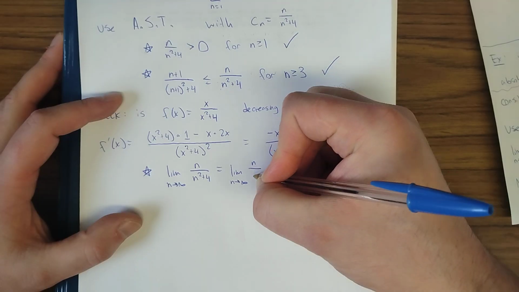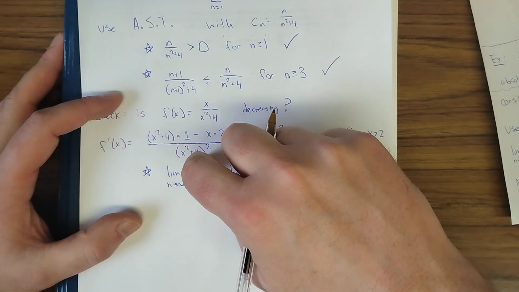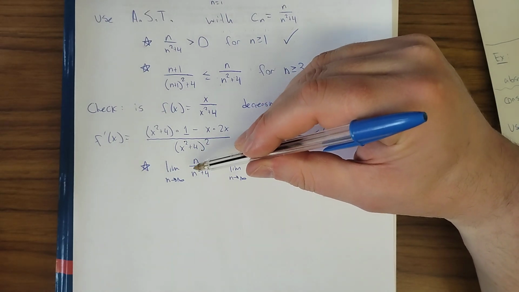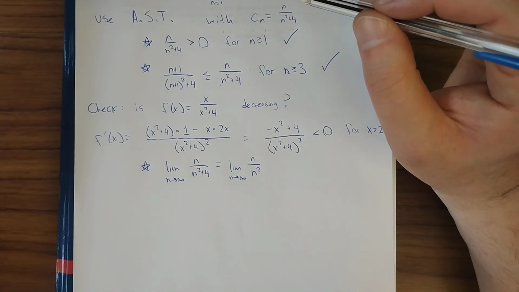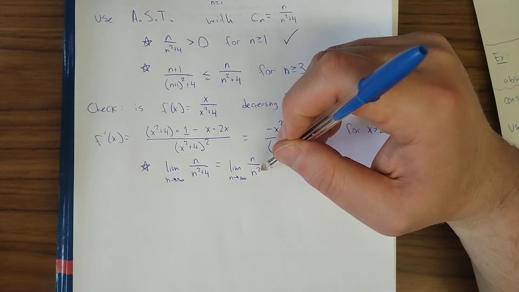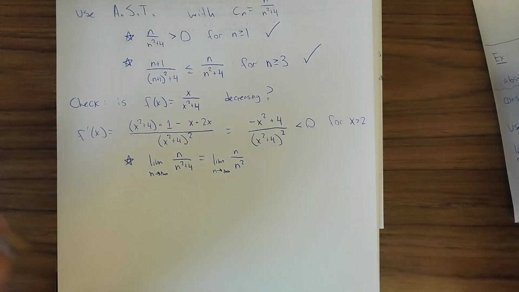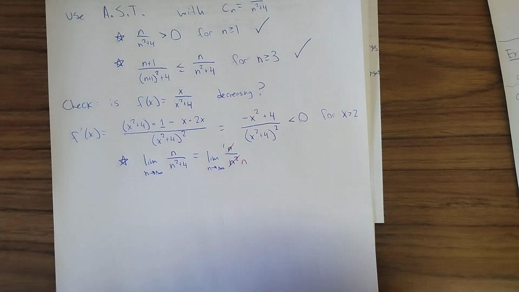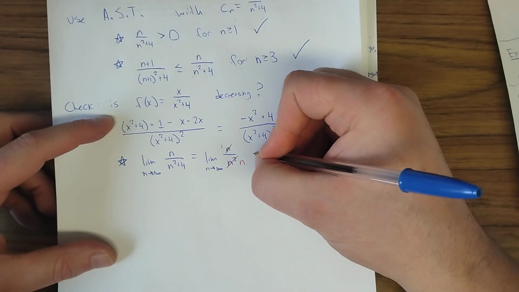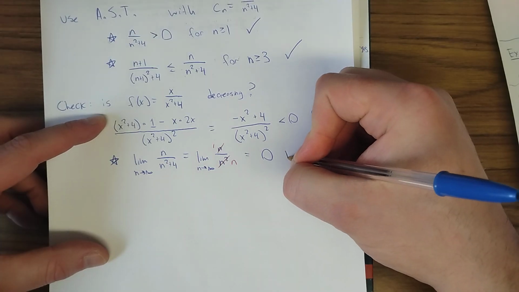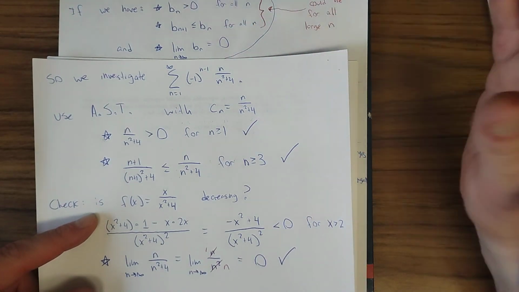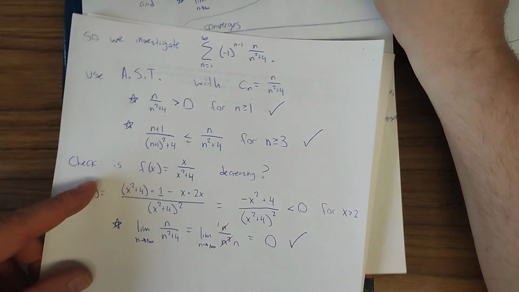When I'm doing the limit as n goes to infinity, the only thing that matters on the top is the leading term, and the only thing that matters on the bottom is the leading term. So this is going to give me the same answer. Of course, this is the same as 1 over n, and 1 over n goes to 0. And that's what it needs to be if we're using the alternating series test.